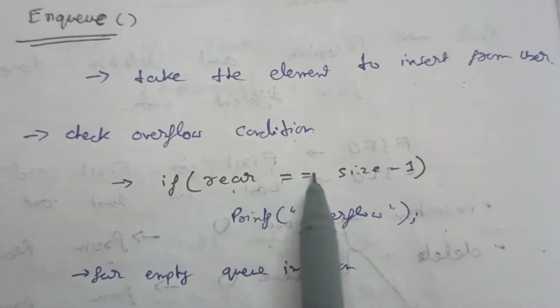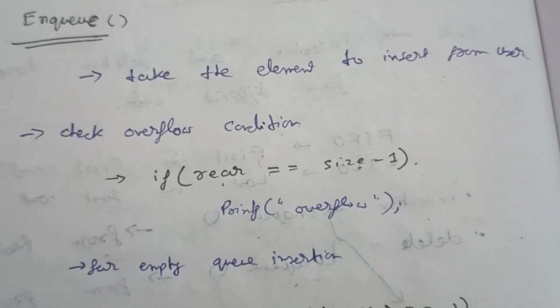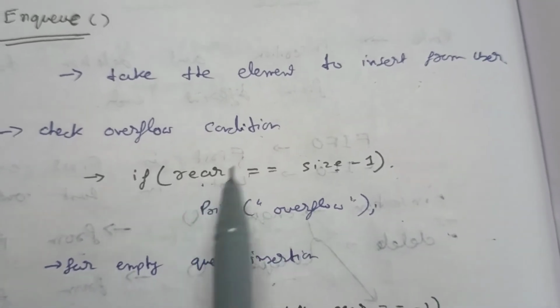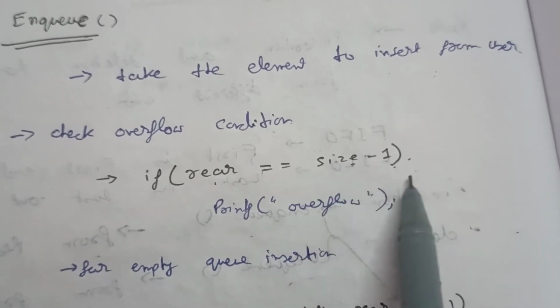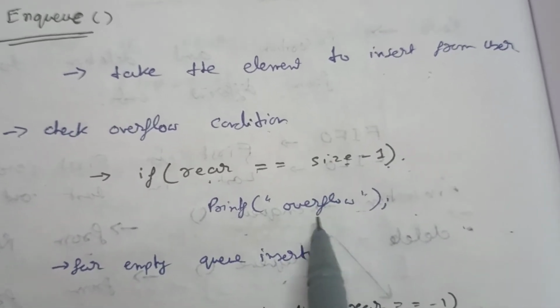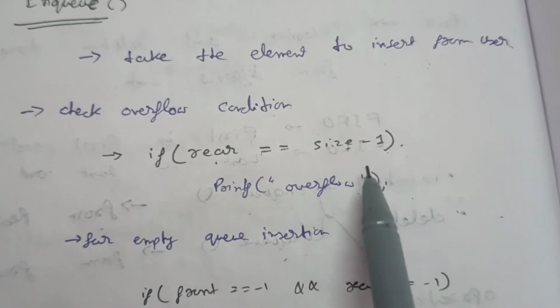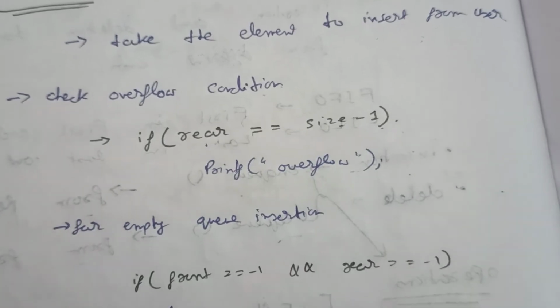The rear equals size minus 1, that is the last index. If the rear is at the last index, that means the queue is already full, and if we want to insert a value in our full queue, it will show us overflow.